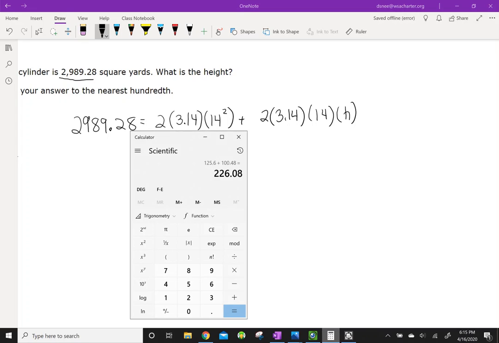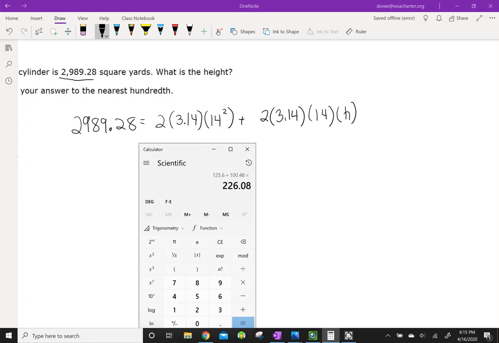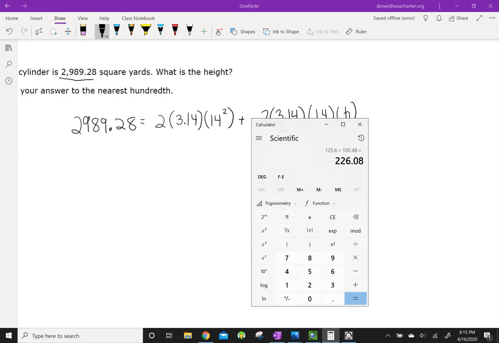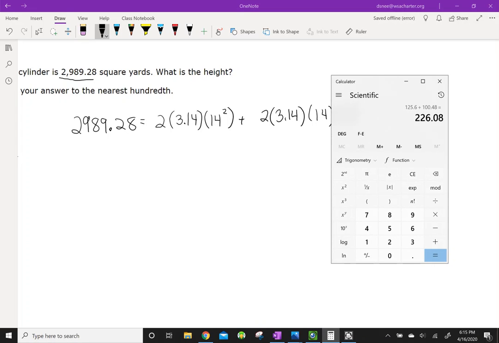Okay, and then I just type all this stuff into my calculator. I'm going to do 2 times 3.14 times 14 squared, and that equals 1,230.88.